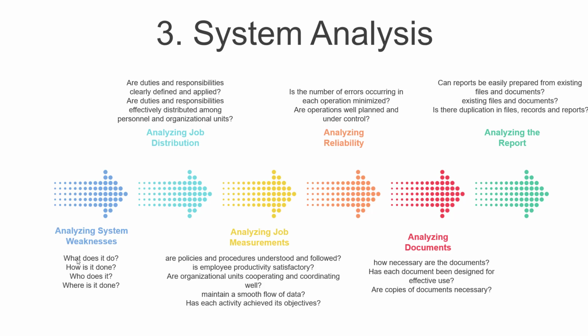Okay, and the next step is analyzing reliability. This question is: is the number of errors occurring in each operation minimized, and are operations well planned and under control? Reliability is the operation being well planned and under control.